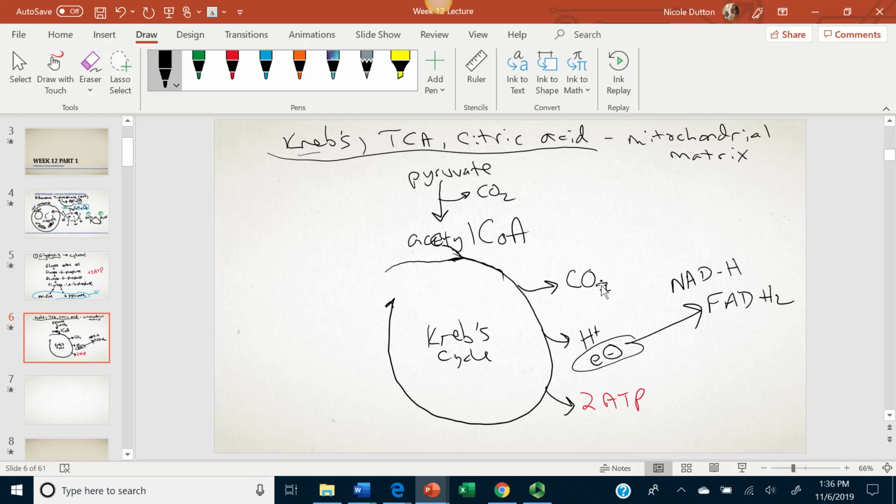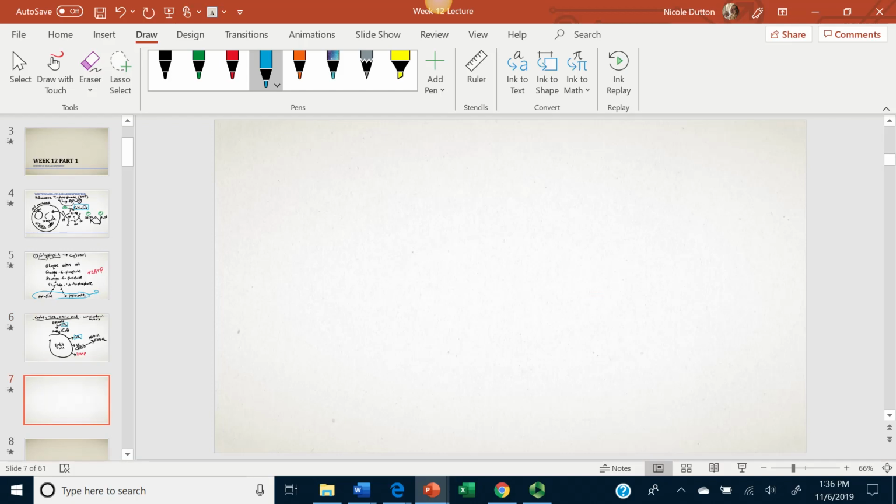That released carbon dioxide as a waste product, hydrogen ions and electrons, and we ended up with a net gain of 2 ATP. This is where our major waste product comes from, and that's why we have to breathe out. That's why we have to have a respiratory system to eliminate that carbon dioxide. So the last step along the way is called the electron transport chain.